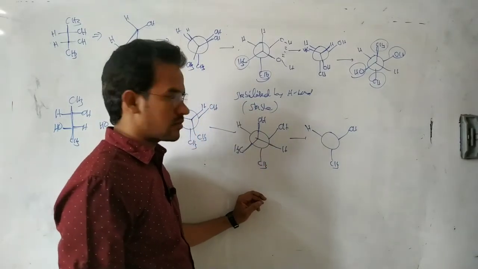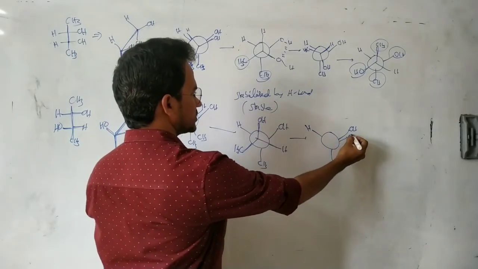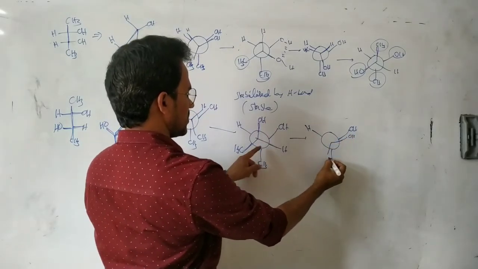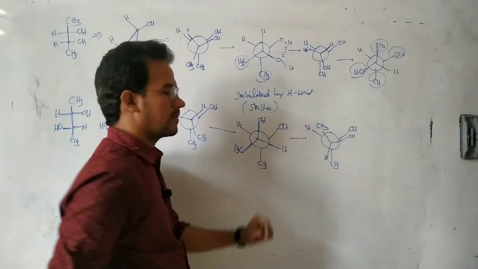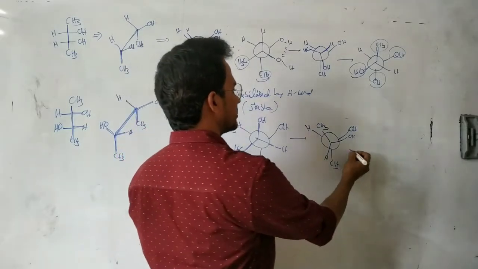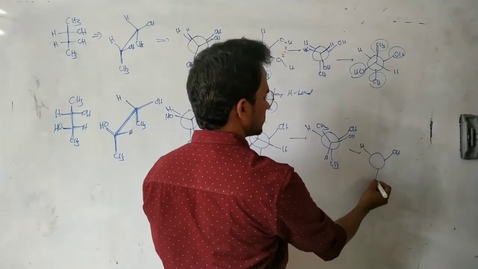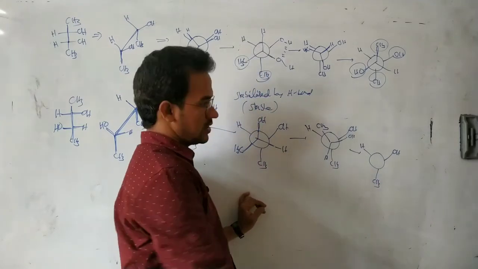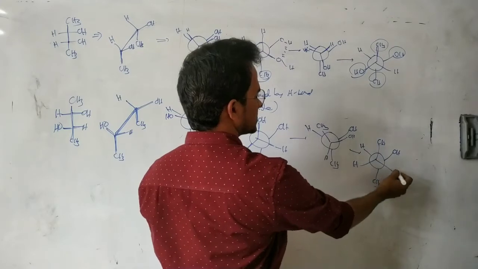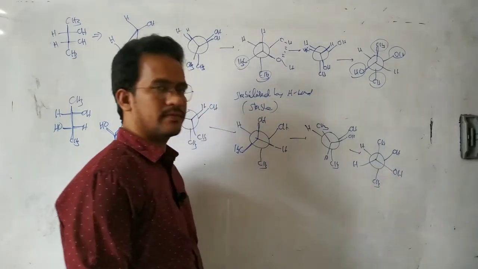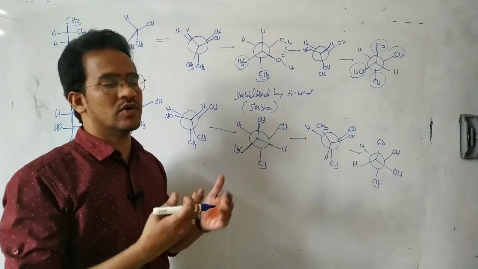Again OH, hydrogen and methyl. Next, rotating another 60: H, OH, methyl on the rear carbon. Those are fixed. Now rotating the front carbon, methyl, hydrogen, OH. Now among these conformations, which is more stable?